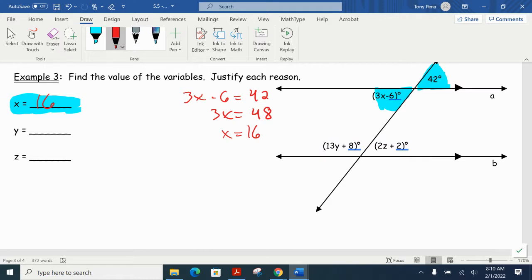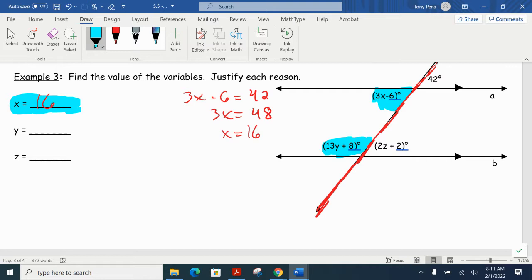Another idea that we could do: this angle here, so let me erase some things, and this angle here of our new stuff. Now, if this is our transversal, these are our two parallel lines. Of the 5 options, alternate interior, alternate exterior, same side interior, same side exterior, and corresponding, what kind of angles are these to each other?